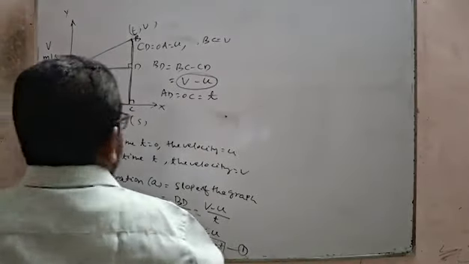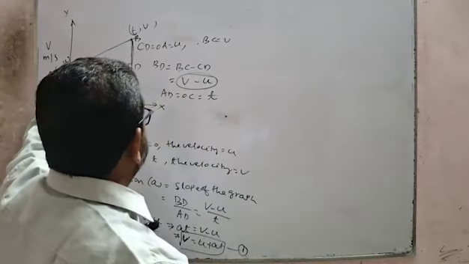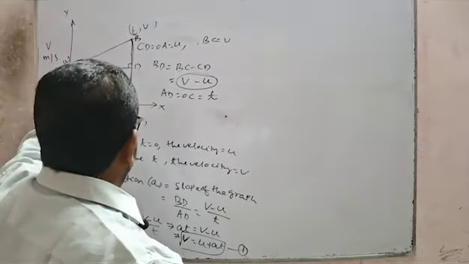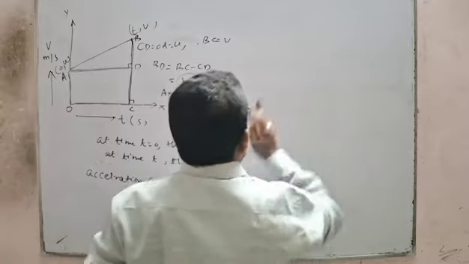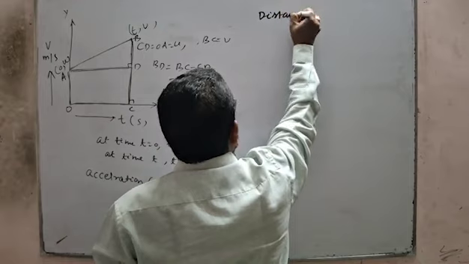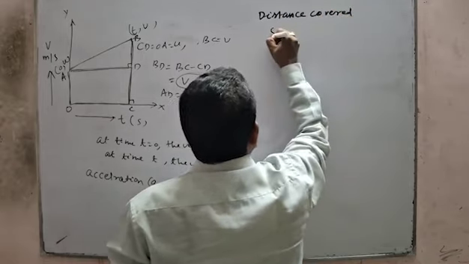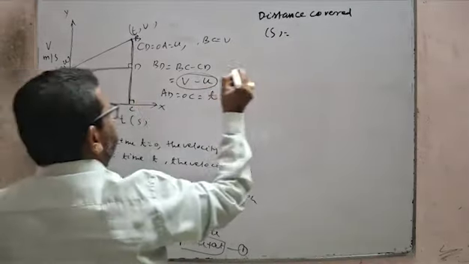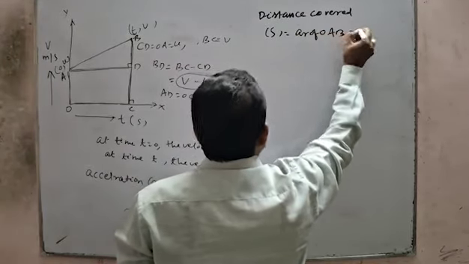We also know that if we find the area enclosed between the graph and the time axis, we will get the distance covered by the body. Distance covered, s, is equal to the area of OABC.